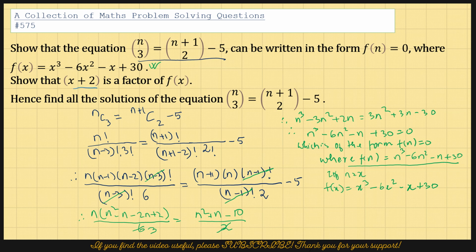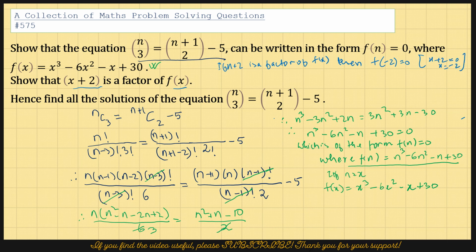And then you see that if x plus 2 is a factor of f(x), then f of minus 2 should be 0, because x plus 2 equals 0, x equals minus 2.